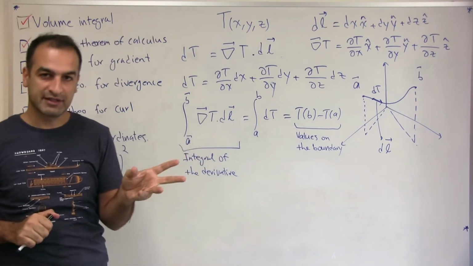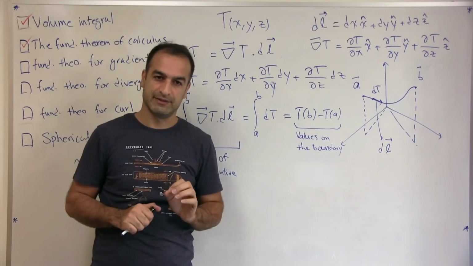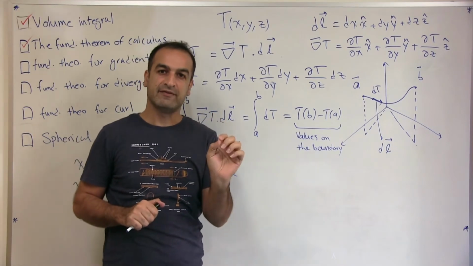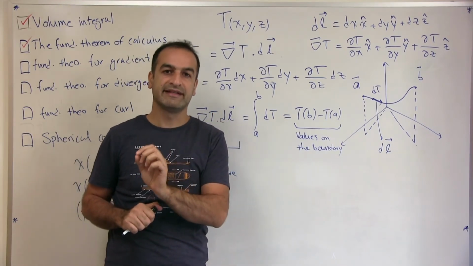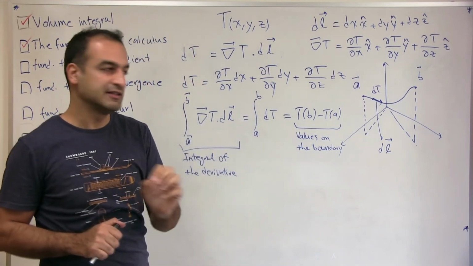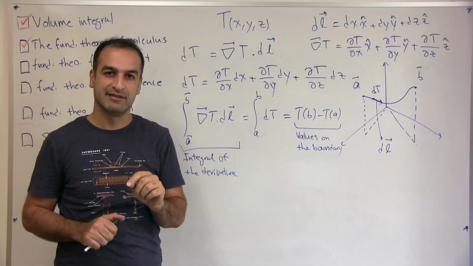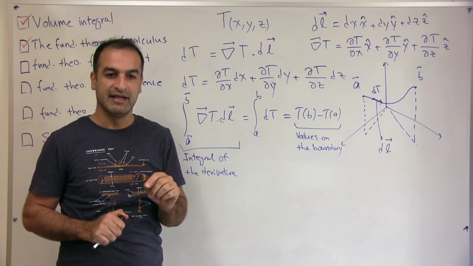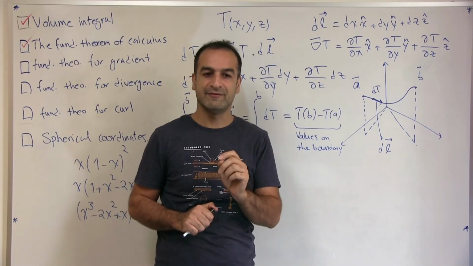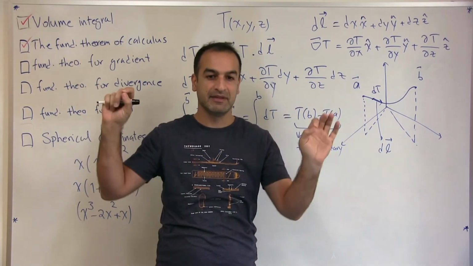If a vector function can be written in terms of the gradient of a scalar function, then if you integrate that vector function over the line, the result of the integral is independent of the path. That's what happens for conservative forces: if you integrate work, at the end it does not depend on the path, only on the beginning and the end.